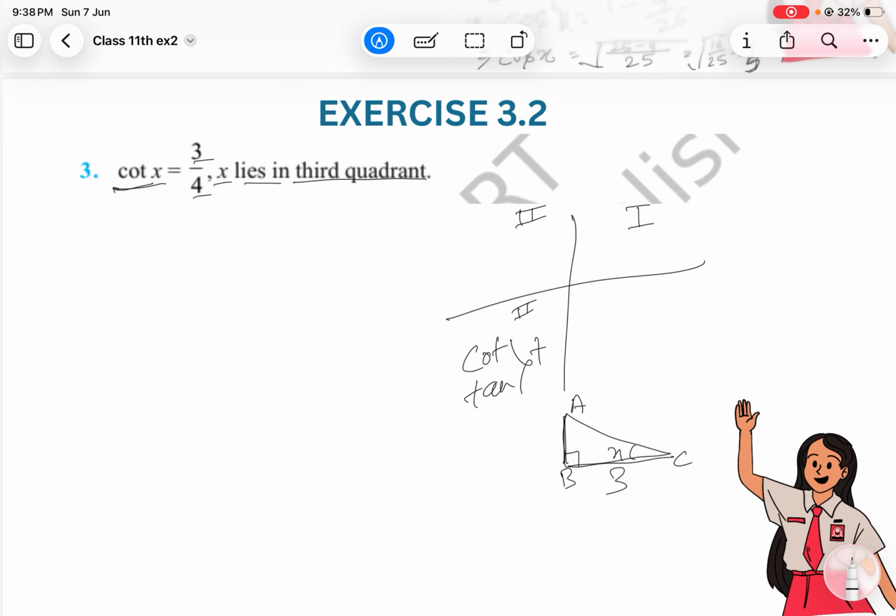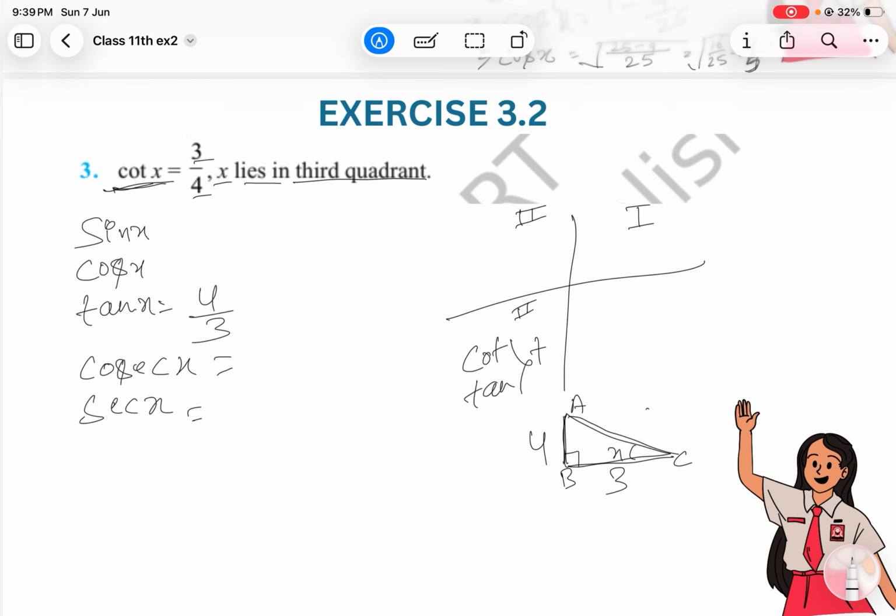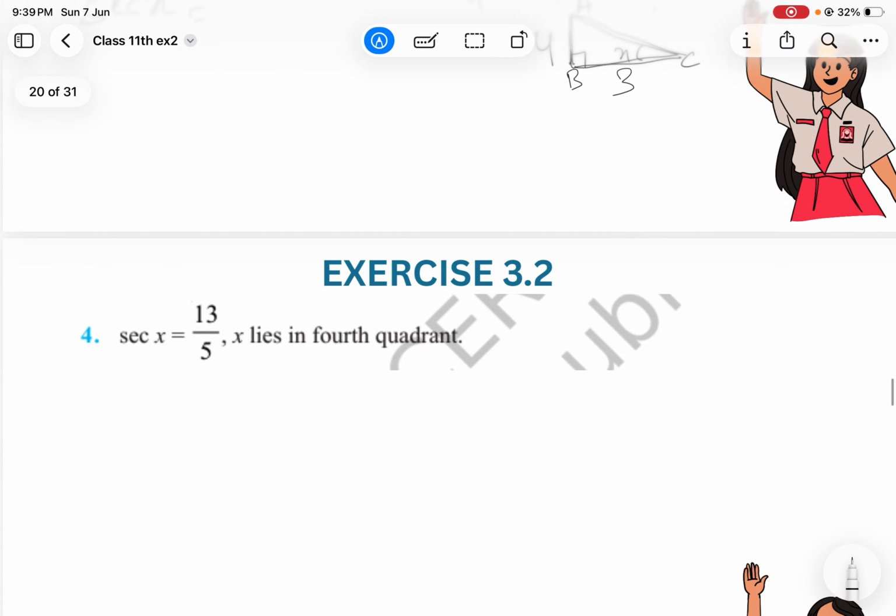So base is 3, hypotenuse is 4. Now we will calculate AC. We will put the value of AC and we will find sin x, cos x, tan x. We know tan x will be 4 by 3, right? Opposite of cot. Now sin, cos, tan, cosec and sec x, right? So I hope you will do this on your own, because this is very easy.